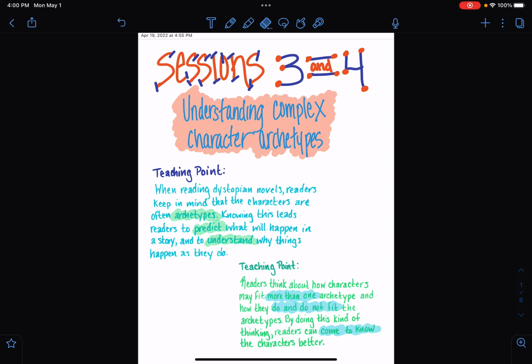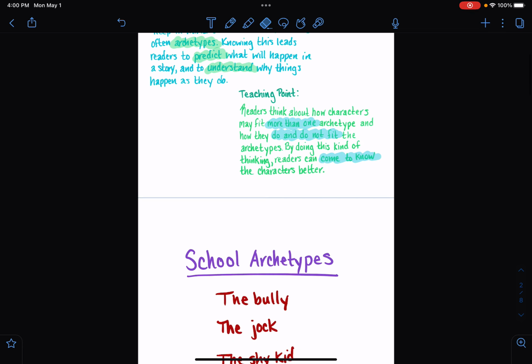So at any rate, both of these going together, with the first one, we're talking about identifying the archetype and then being able to predict and understand. Then you've got the second one where it's talking more about the fact that maybe sometimes you see them fitting into more than one area, or then things that they do not fit at all might also tell you things as well.